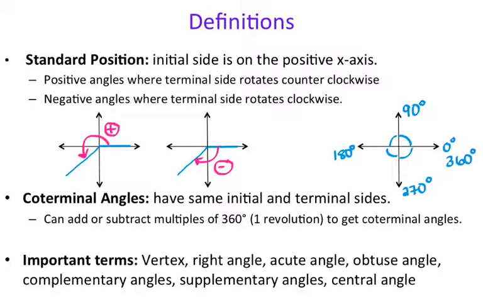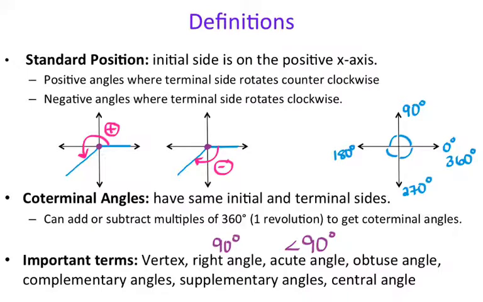Some important terms that you might encounter: the vertex is where your terminal side and your initial side meet. I'm going to draw it in purple over here. This right here is your vertex. Same thing for that positive angle. A right angle is 90 degrees. An acute angle is an angle that's less than 90 degrees.